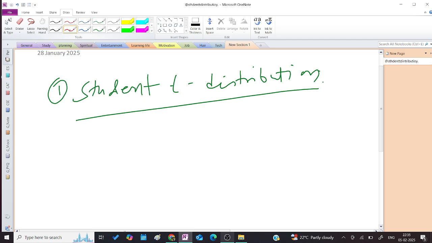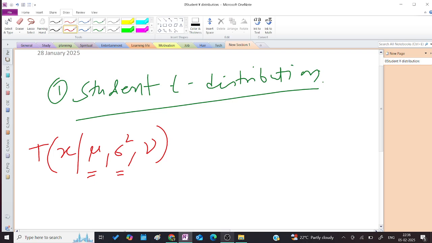So it is represented as t(x | mu, sigma square, v). Here mu is the mean, but sigma square is not the standard deviation, right? It is the scale parameter. v is the degree of freedom.